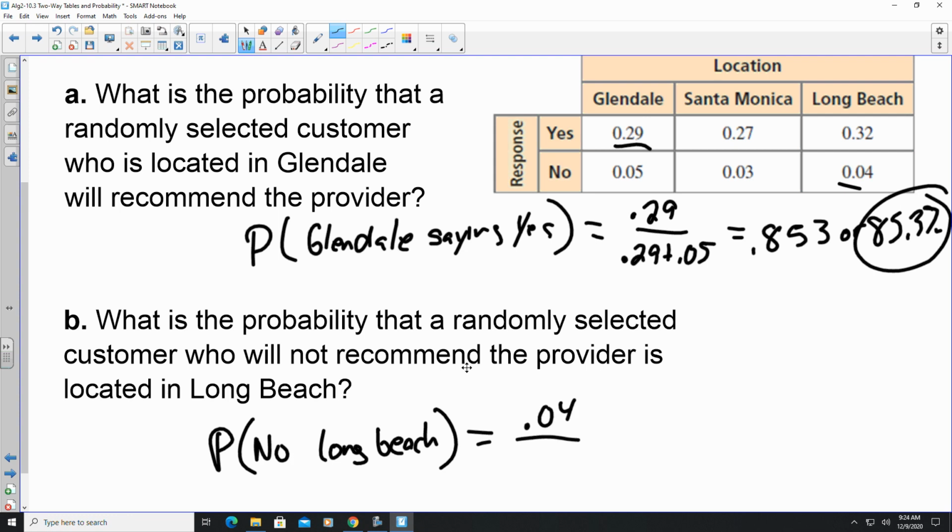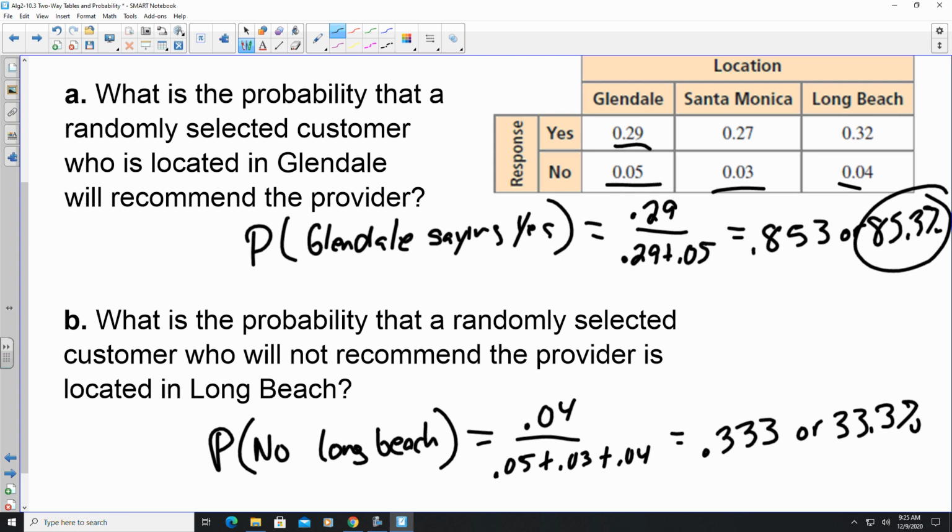Then divide it by the sum of all the no decimals, since you could call somebody in Glendale, Santa Monica, or Long Beach. So that's 0.05 plus 0.03 plus 0.04. If you add those together and divide accordingly, you get about 0.333 or 33.3%.